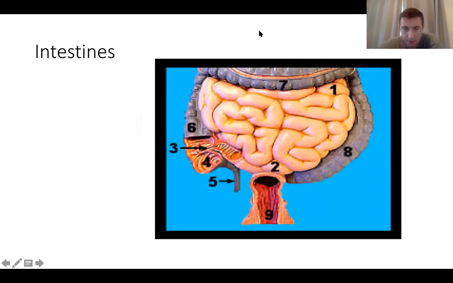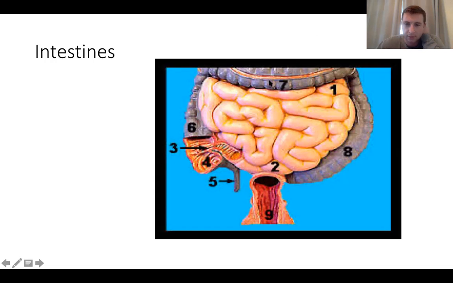The stomach is up here in this portion. This is going to be in your abdominal cavity. Right above this portion here is going to be your stomach. Your stomach will empty into your small intestine, which is this portion, and it's going to kind of come up.